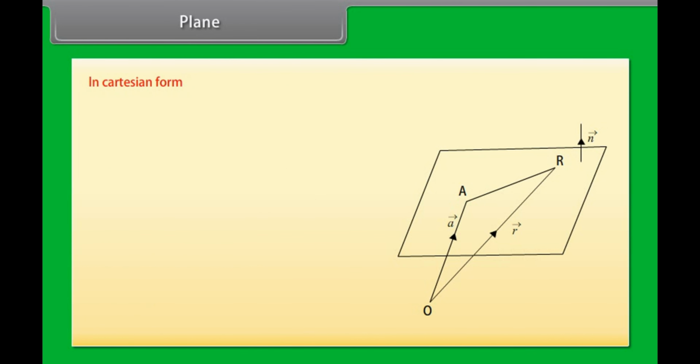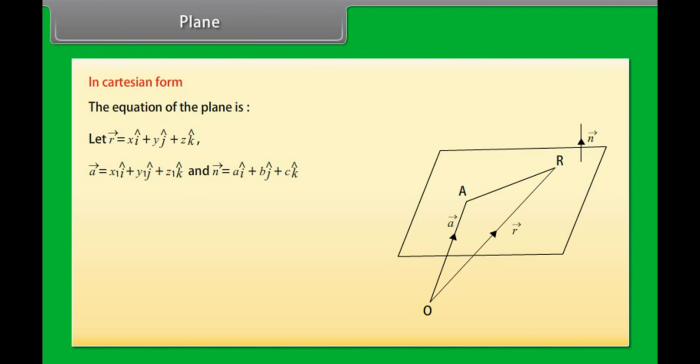In Cartesian form, the equation of the plane is: let vector r equals x î plus y ĵ plus z k̂. Vector A equals x1 î plus y1 ĵ plus z1 k̂. Vector n equals a î plus b ĵ plus c k̂.